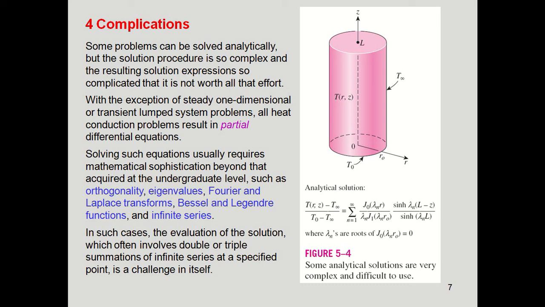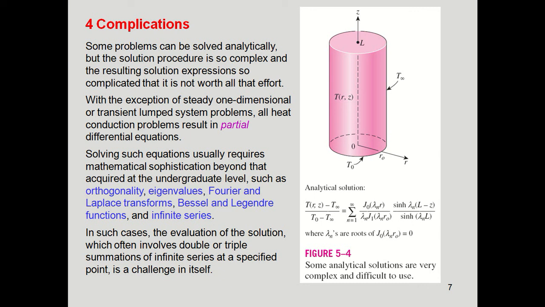Such solutions use orthogonality, eigenvalues, Fourier and Laplace transforms, Bessel and Legendre functions, or infinite series. By using these, we are going to solve these problems. In such cases, the evaluation of a solution, which often involves double or triple summations of infinite series at a specified point, is a challenge in itself.